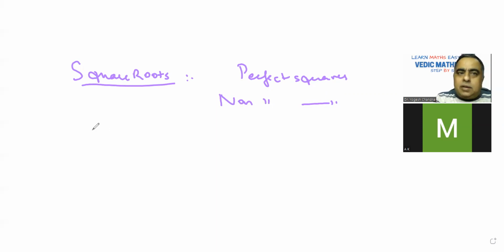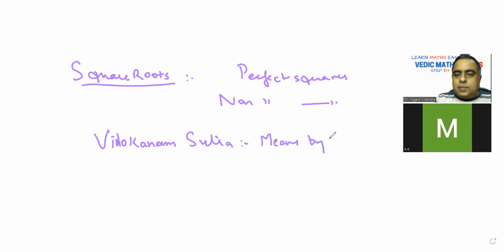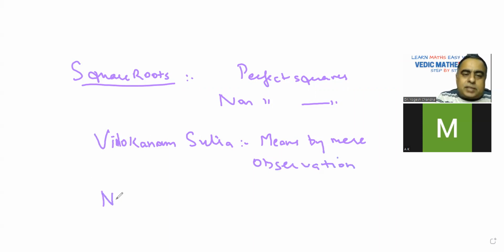For perfect squares we did it by the Vilokanam method, the Vilokanam Sutra, which means by mere observation. And we also did it with non-perfect squares.